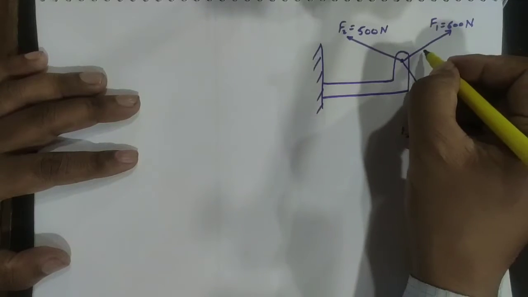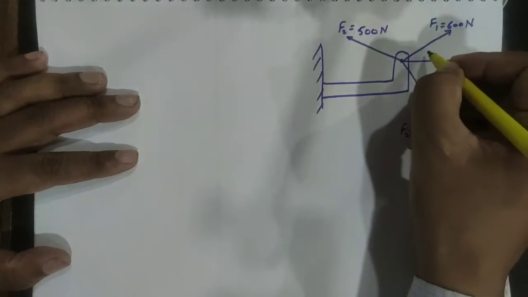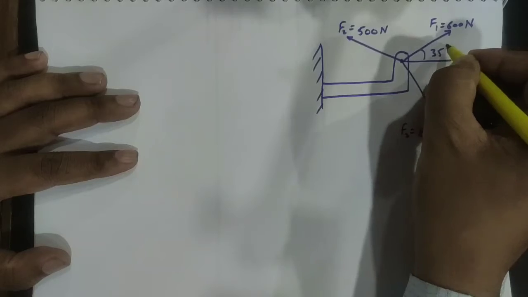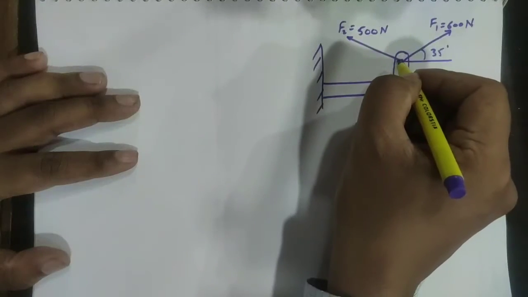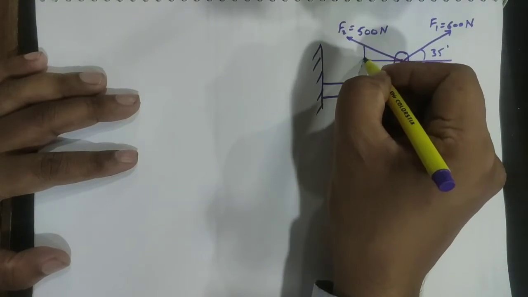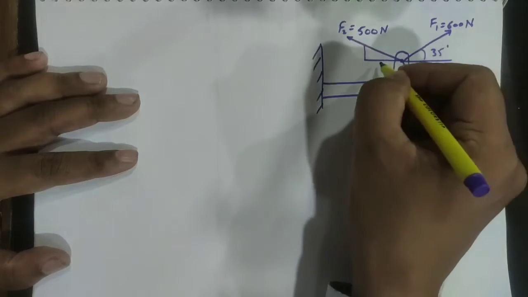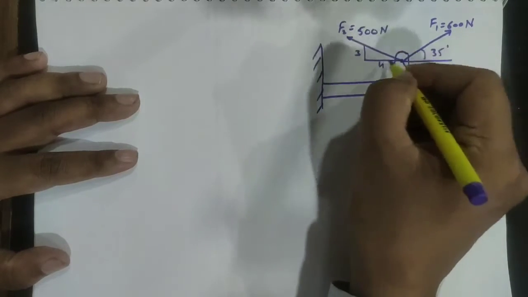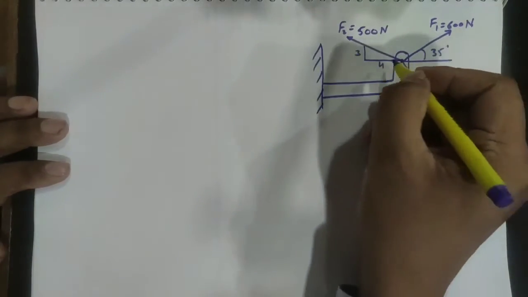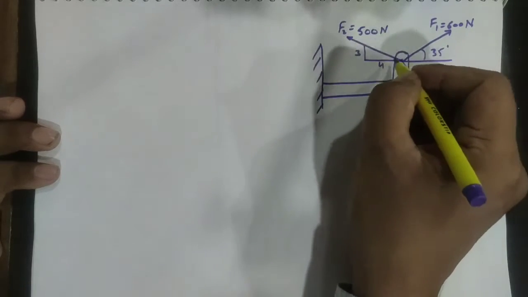The angle of force F1 is given as 35 degrees. The angle of the other force is given in terms of lengths, the distances in the x direction and y direction.